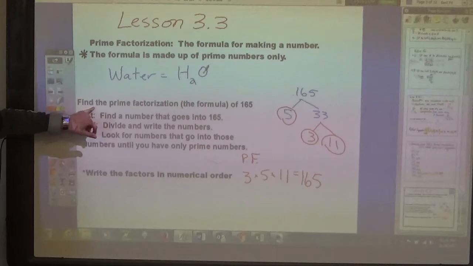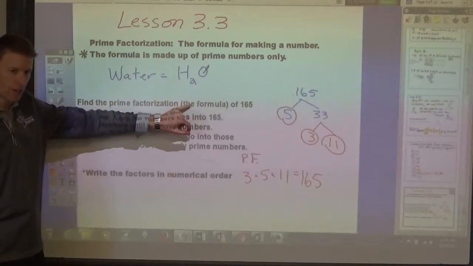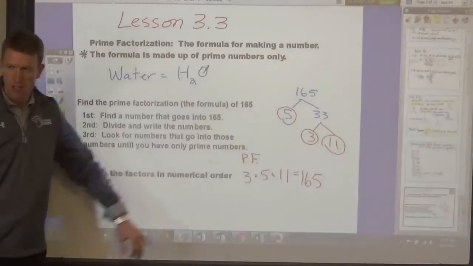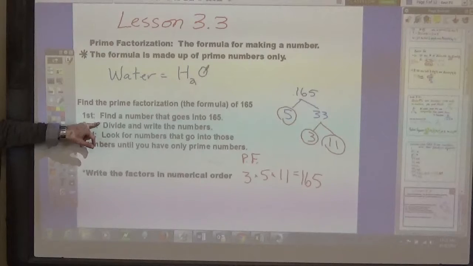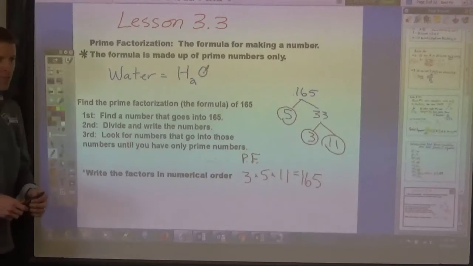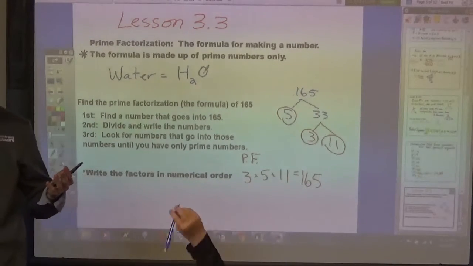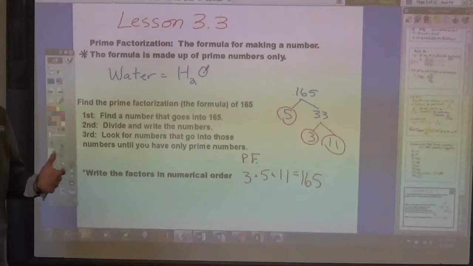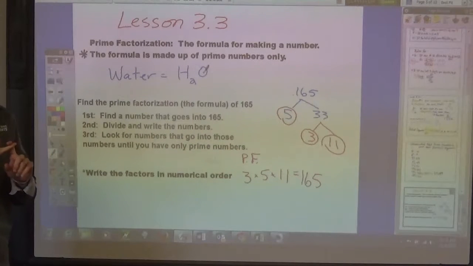First, how do you find the prime factorization of a number, like 165? You'll be given a number, and you have to find what goes into that number. How do you find what goes into a number? What did we do before? If it's even, just do 2. Yep, use the rules that we learned. If it's even, divide it by 2.